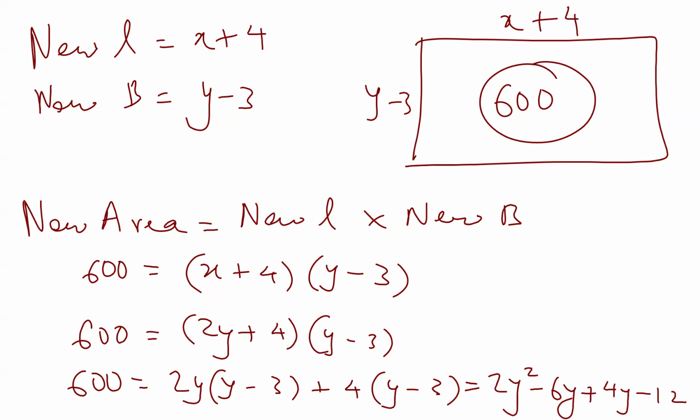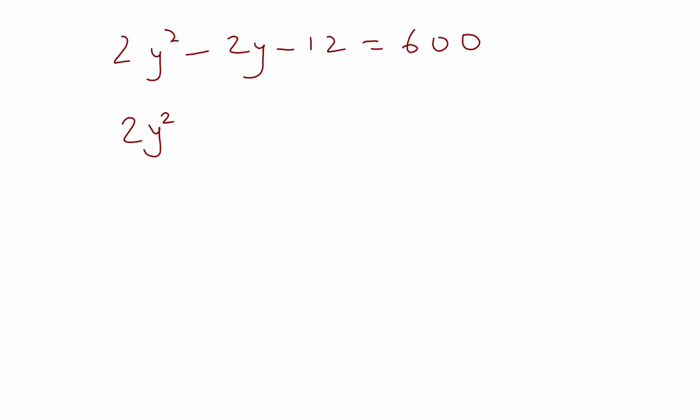So minus 6y plus 4y is minus 2y. So I can just write 2y square minus 2y minus 12 equal to 600. So 2y square minus 2y minus 612 equal to 0.